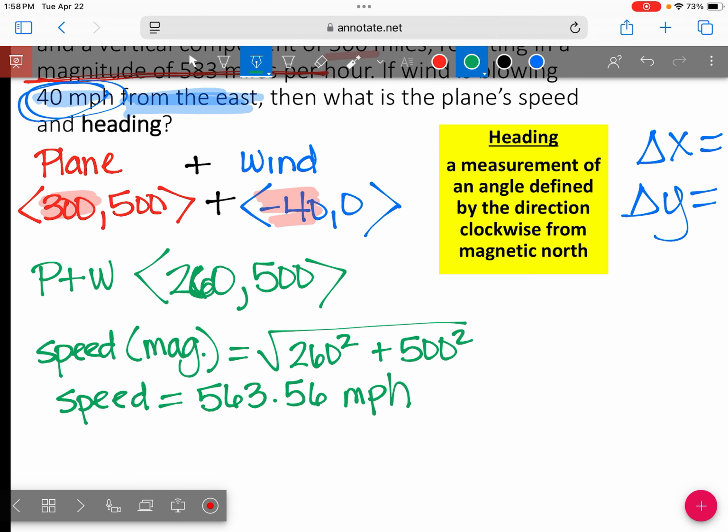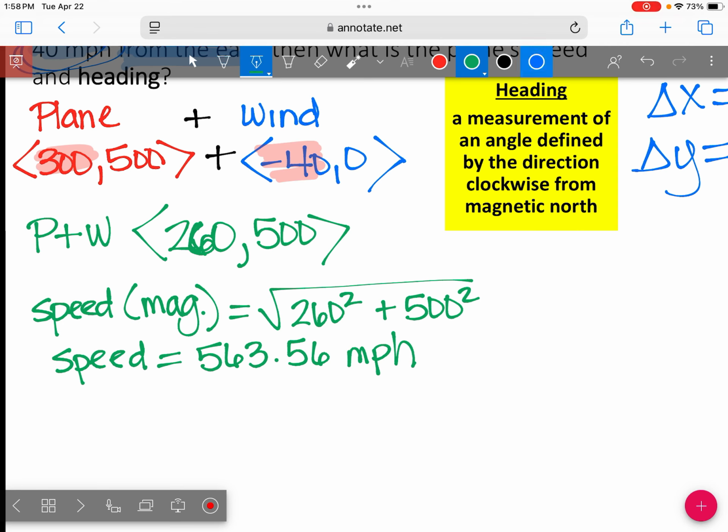Then I want you to find the direction. Let's find the direction, and then we'll talk about heading in a second. The direction is going to be inverse tangent of y over x. Go ahead, type that in.